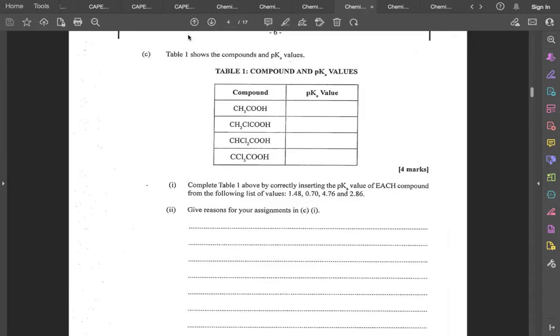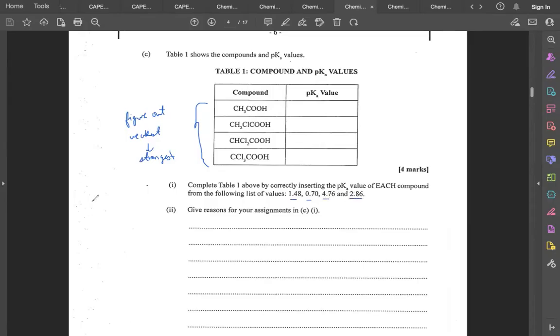So what we're really being asked to do is figure out the order from weakest to strongest acid, and then we will assign the pKa values on the basis of that.